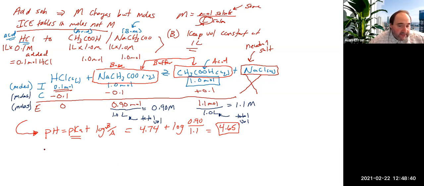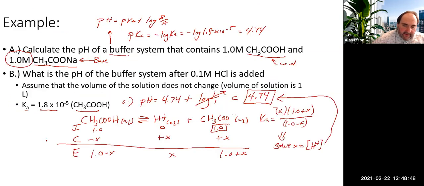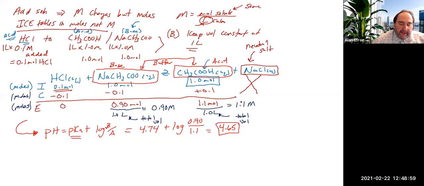First off, any questions on that? Now, does it make sense based on where we started? Well, we started with a buffer on the last page that had a pH of 4.74. We added some acid to it. It went from a pH of 4.74 to a pH of 4.65.